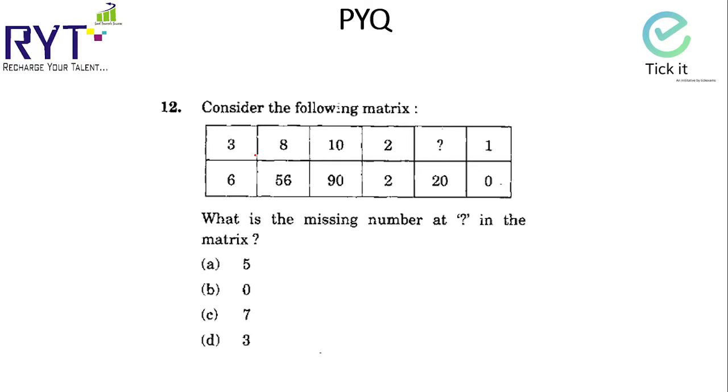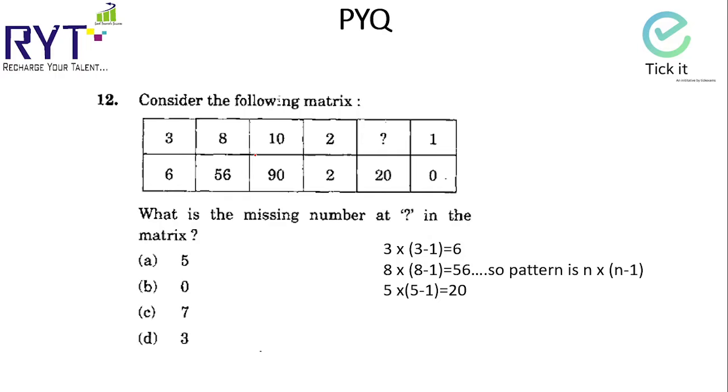Let us go to one more question. This is from UPSC exam. Observe the box. It has some rows and some columns. Let's answer this. What is the logic here? Simple logic.